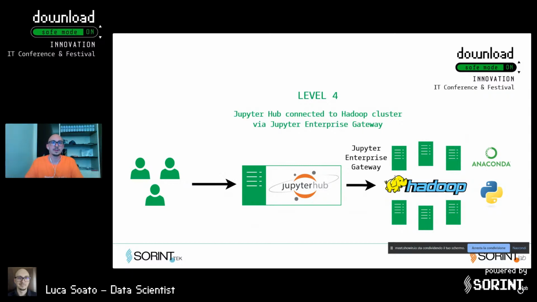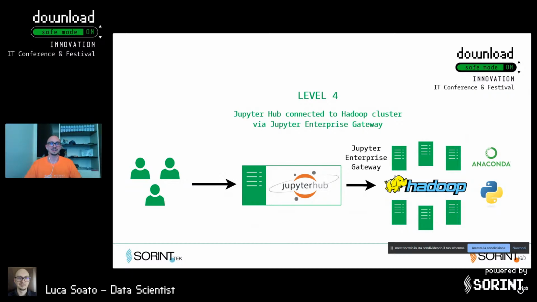And instead of using the kernels installed on JupyterHub, you can use the kernel installed on the Hadoop cluster, so you can start Spark directly from the notebook, work on that notebook, share it with someone else, and you can work on the Hadoop cluster as we did moments ago.